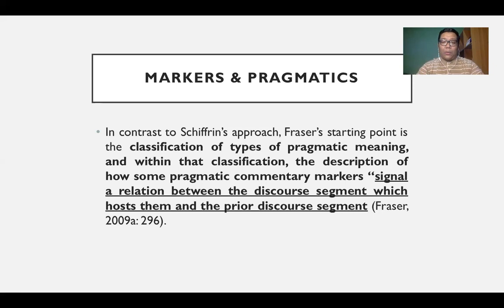Fraser here would like to stress that discourse markers function as a sort of signal, okay? Meaning it shows us the relationship between the discourse segment which actually contains the discourse marker and the prior discourse segment, which comes before the host discourse segment.